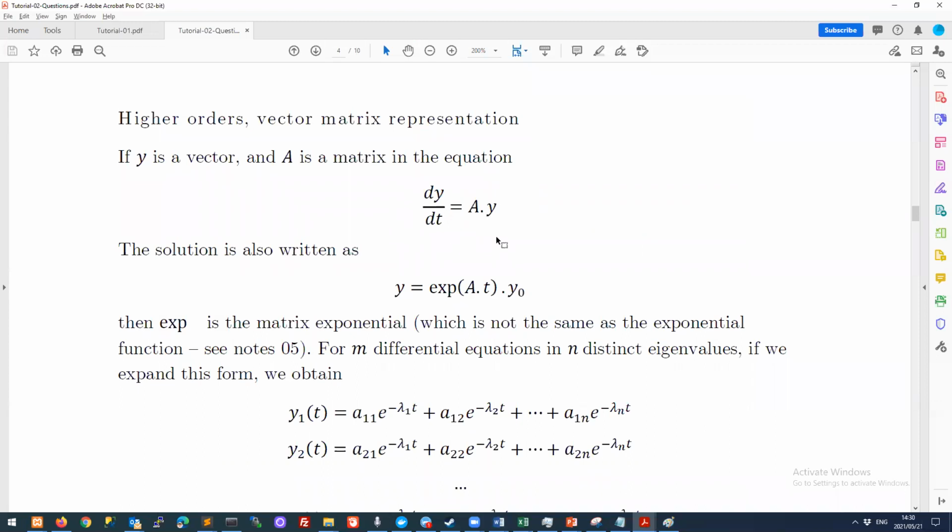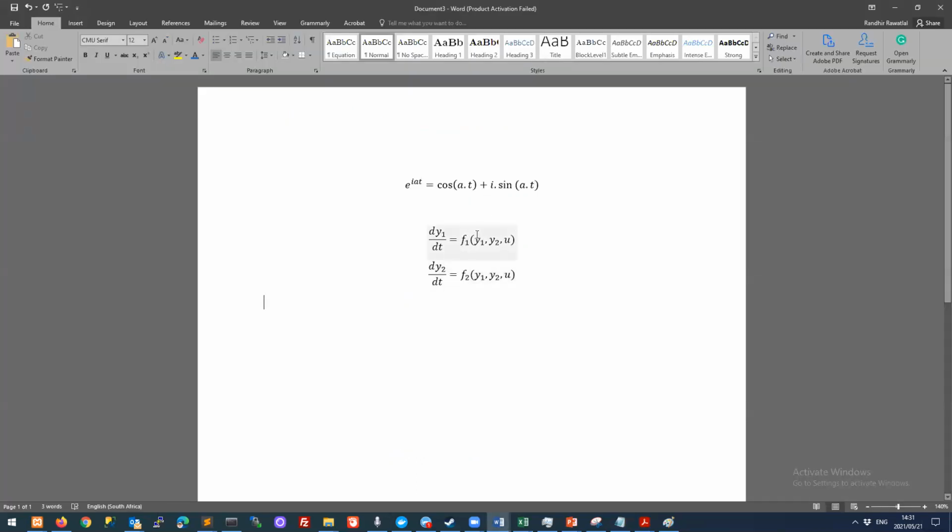So we want to generalize how we look at this equation. If we understand y to be a vector of things, then A may be a matrix. What I've shown here is the general form when f1 and f2 are arbitrary functions.